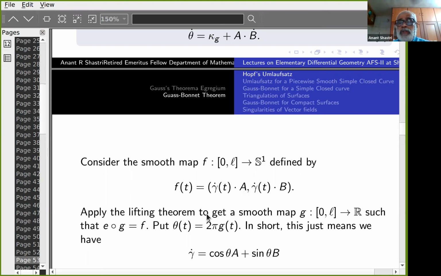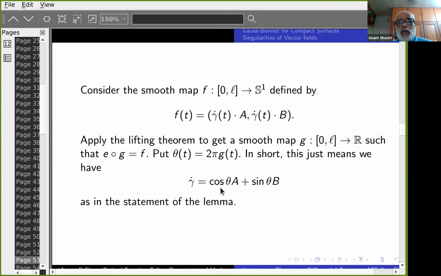Now you apply the unit lifting theorem to this function to get a map G from 0 to L to R such that E composite G is F. All that you have to do, in the new notation, is put theta(t) equal to 2 pi G(t), because in our formula E there is already 2 pi. So you multiply by 2 pi of G. Then what you get is precisely that gamma dot is cos theta A plus sin theta B. This dot product is cos theta, and this should be sin theta.